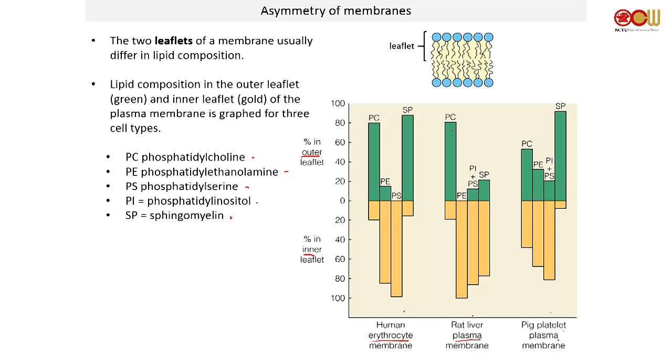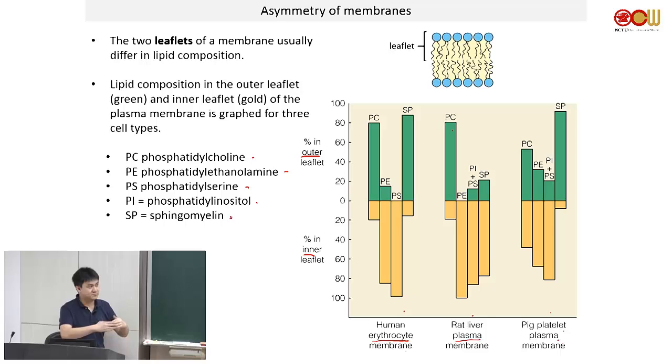Can you now see why you would need a lipase? Your PC molecule is made inside the cell, and you want to get it on the outside. How do you get it on the outside? You have to flip it. Please understand that membranes are not symmetrical, because the type of lipid that makes the membrane could be different between the top leaf and the bottom leaf.